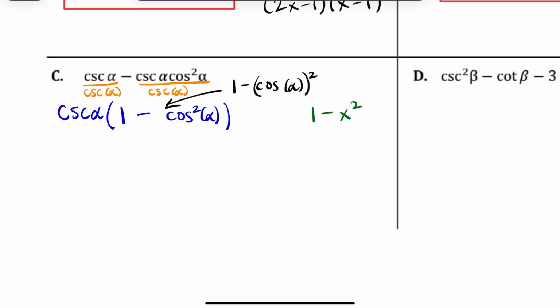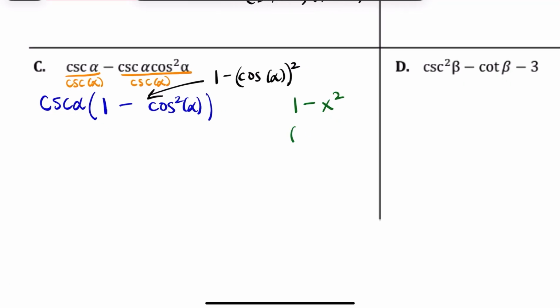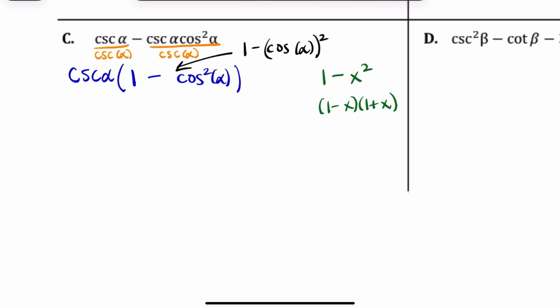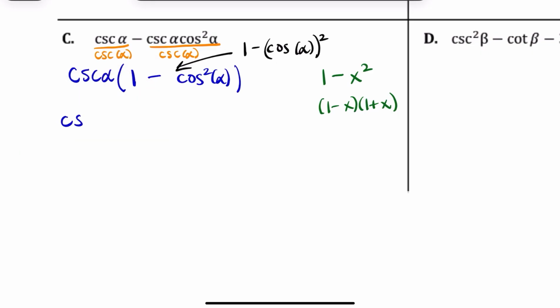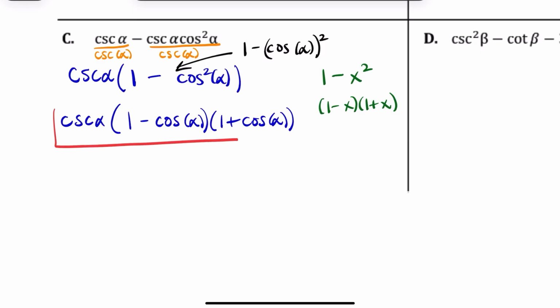That's the difference of squares, so that's going to be 1 minus x times 1 plus x. Well, instead of x, we have cosine of alpha. So I'm going to write my expression now with my cosecant alpha as my greatest common factor, but now my parentheses is going to be 1 minus cosine of alpha times 1 plus cosine of alpha. And that will be considered factored completely.